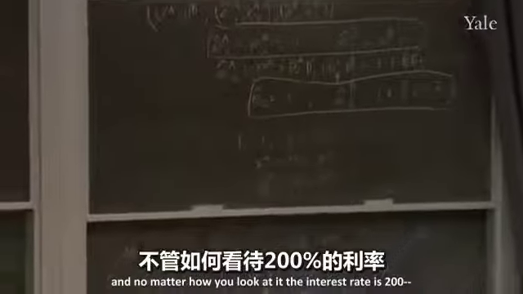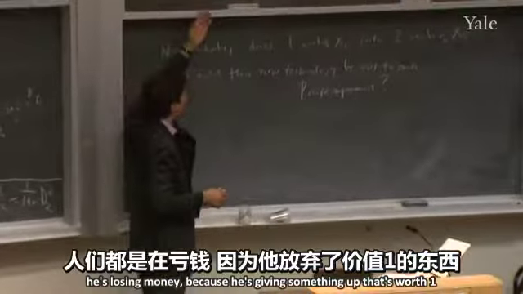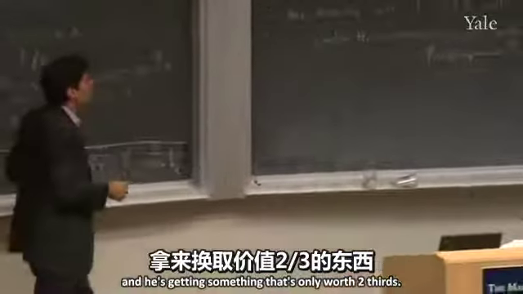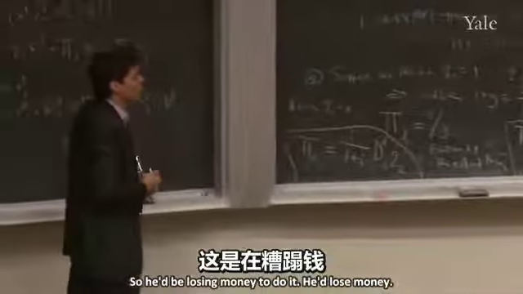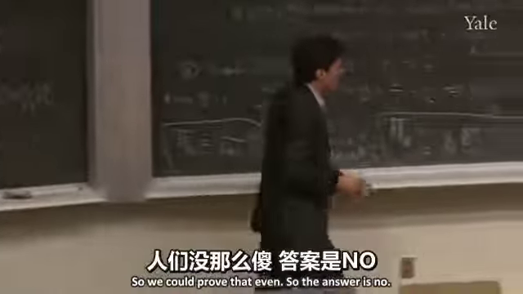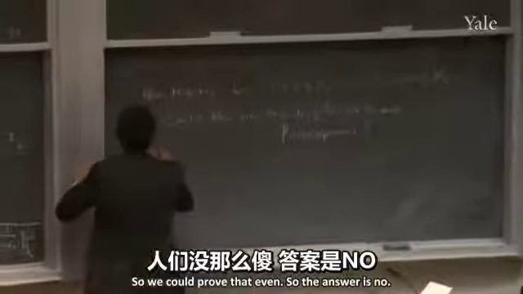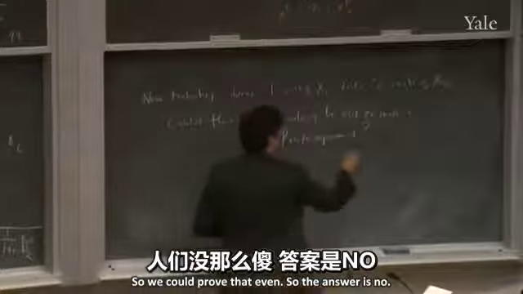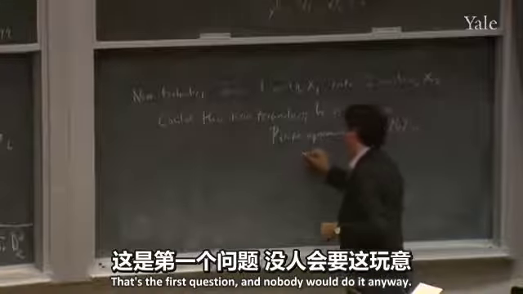No matter how you look at it, the interest rate is 200%. He's losing money because he's giving something up that's worth 1, and he's getting something that's only worth 2/3. So he'd lose money. We could prove that even. Okay, so the answer is no.